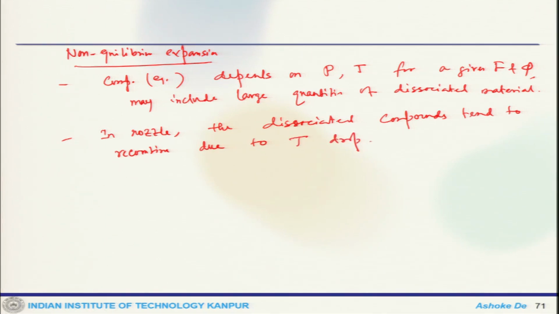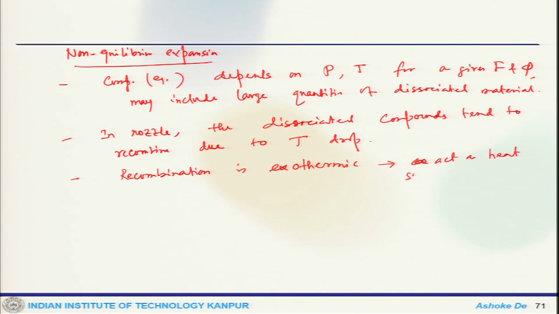Now, what happens? These exothermic recombination reactions may act as a heat source in the flow. The recombination is exothermic, so it can act as a heat source in the flow.